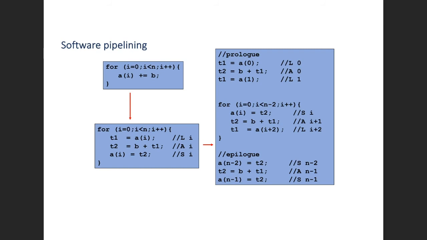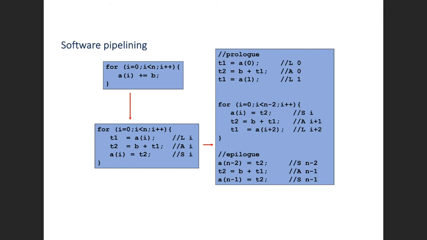Now those three statements do not depend on each other. On the left here, the ith add depends on the ith load, and the ith store depends on the ith add. But in this version, because the statements come from different iterations which are independent, there are no dependencies between them.